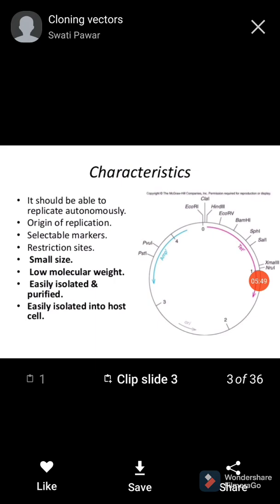So all the vectors should have this selectable marker. The purpose of any vector is to transfer genetic information to another cell, typically to isolate and multiply, to produce multiple copies, or to express the insert, meaning our gene of interest, inside the host cell.